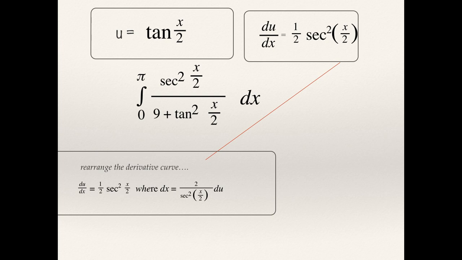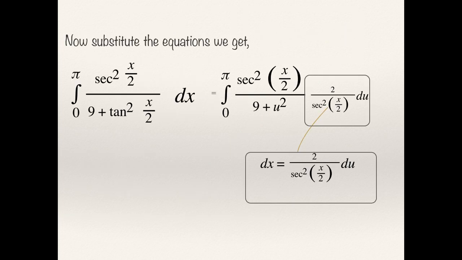We are going to solve this problem in an easy way now. This has taken some tricks and some effort, but now it's simplified, and it's a masterclass of solving a problem. Now the easiest step is to plug in the values: tan x by 2 is equal to u.